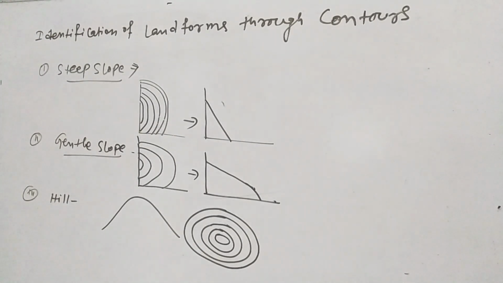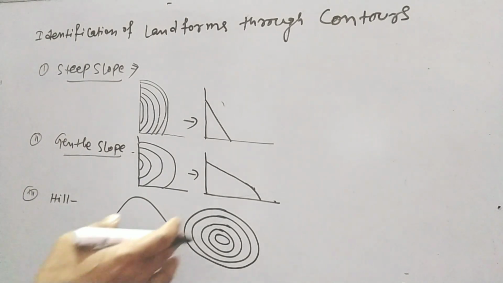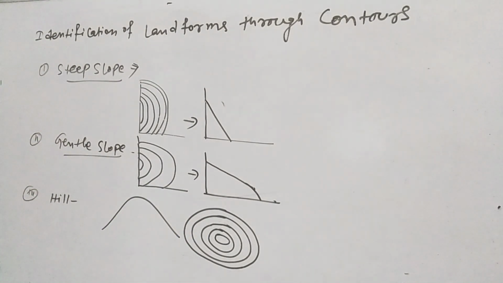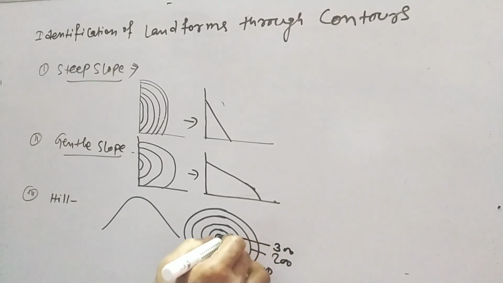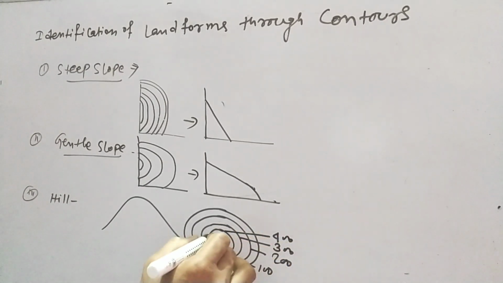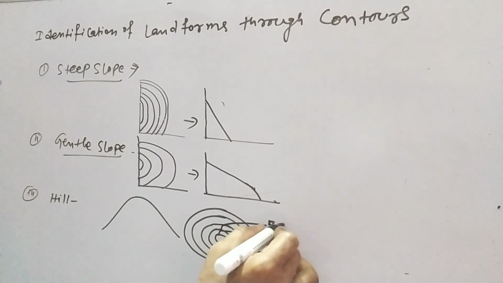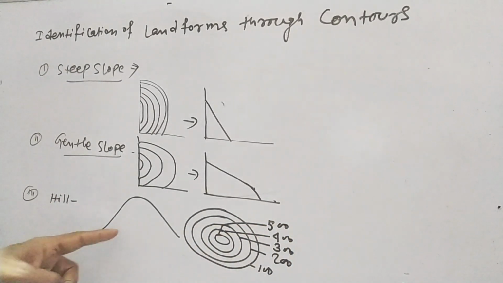So the contour lines are basically drawn in a concentric manner, and value increases towards the center, right? Like suppose this one 100 meter, then 200, 300, 400, and this one 500.